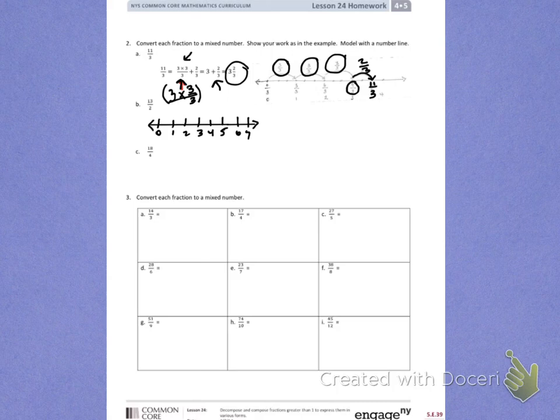And I'm going to make hops here. We're going to hop. This would be 2 over 2. And another 2 over 2. Sorry, this is kind of messy. And another 2 over 2. And another one. And another one. And I know I'm going to need 6 of them.